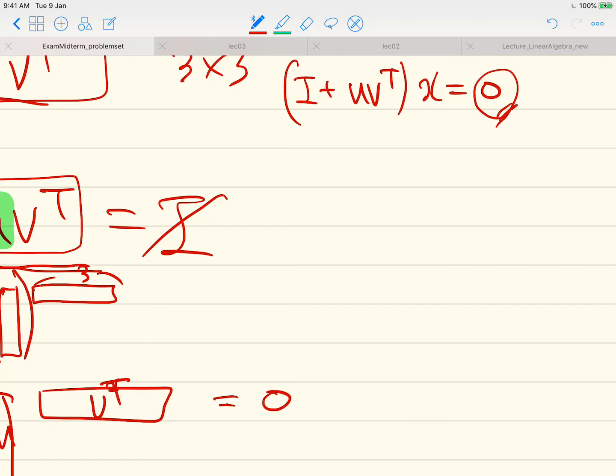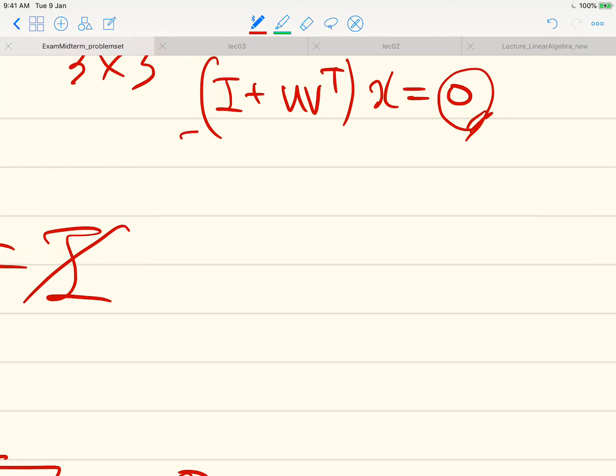So let's try to solve it. We know that v transpose u is equal to -1, because that's when this matrix is singular.